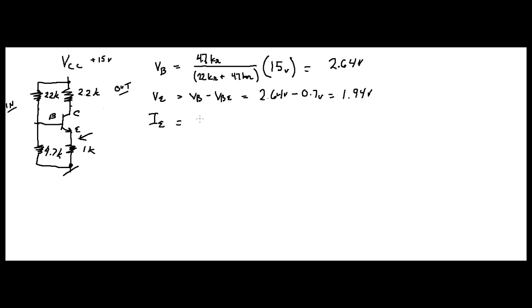So IE is going to be VE divided by RE. Got it? Which is going to be equal to 1.94 volts divided by 1K, I could put 1.0K, which is going to equal 1.94 milliamps.